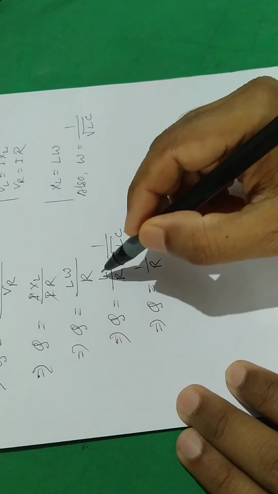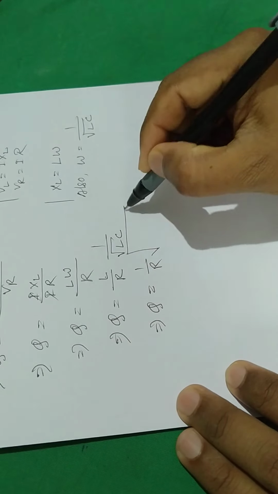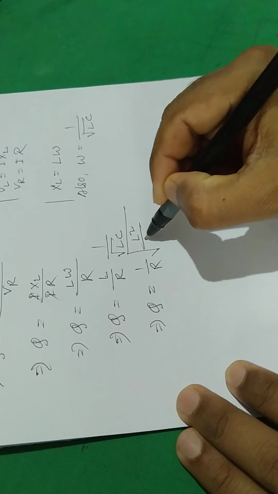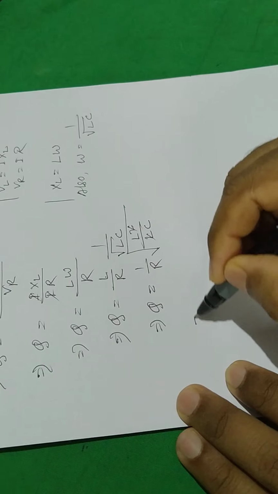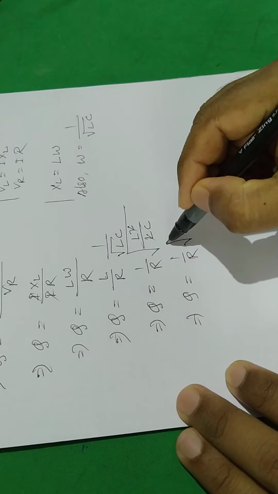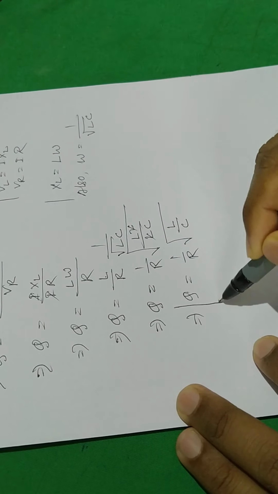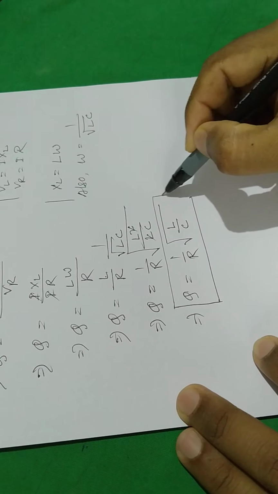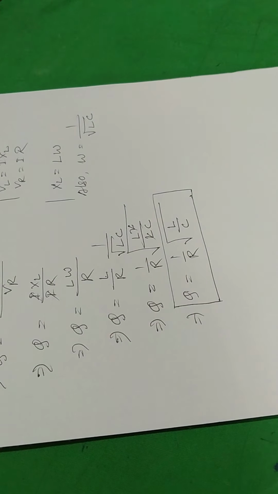Keeping 1 by R and taking L inside the square root, then L square by LC, one L cancels, Q equal to 1 by R root of L by C. This is the expression for quality factor, also called Q value of resonance circuit or sharpness of resonance.